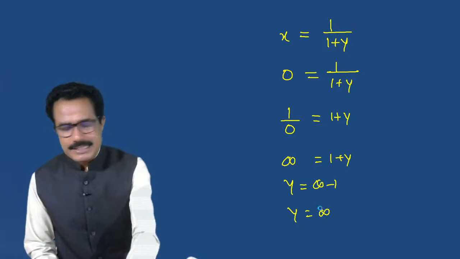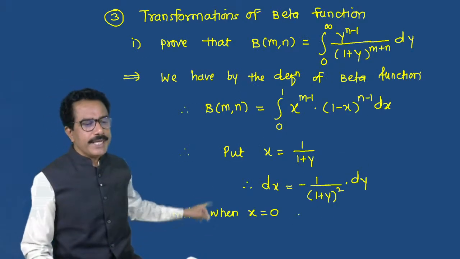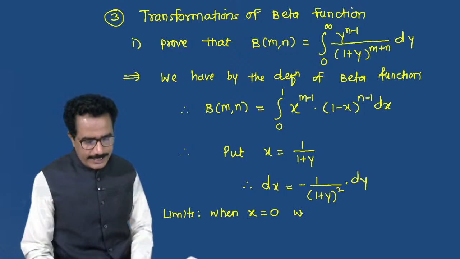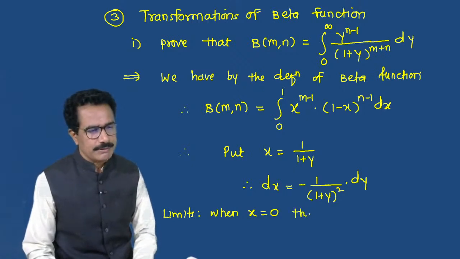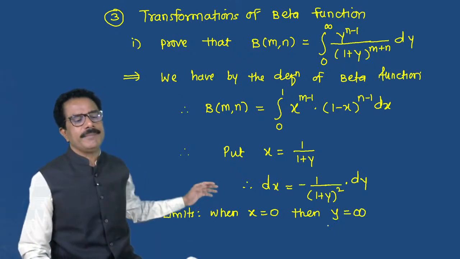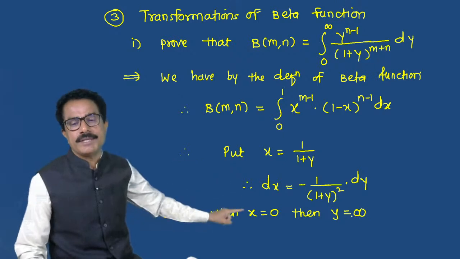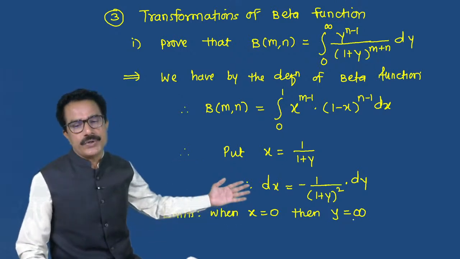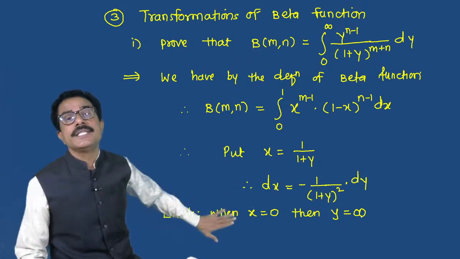This tells us that when x is equal to 0, according to our substitution, y tends to infinity. Actually the meaning of this is, as x tends to 0, y tends to infinity. This is the concept of limit.